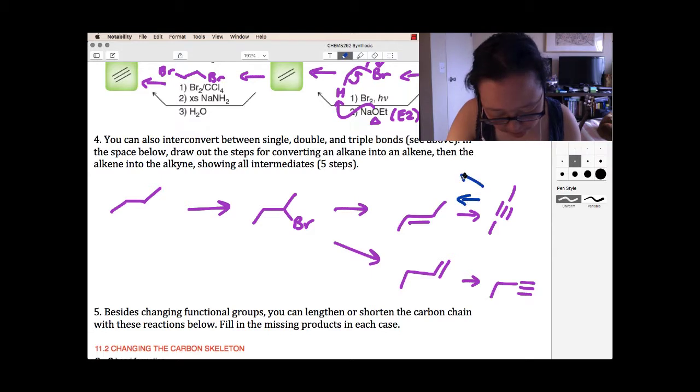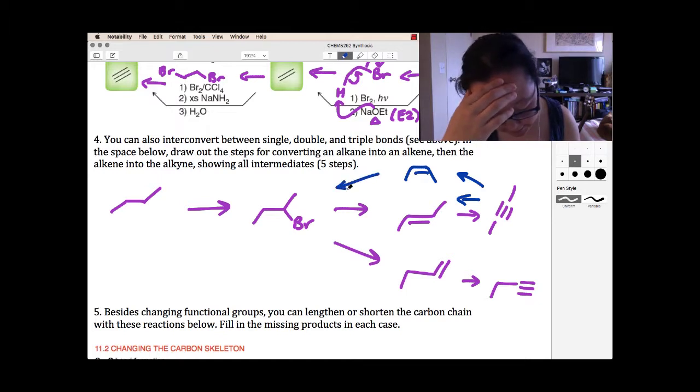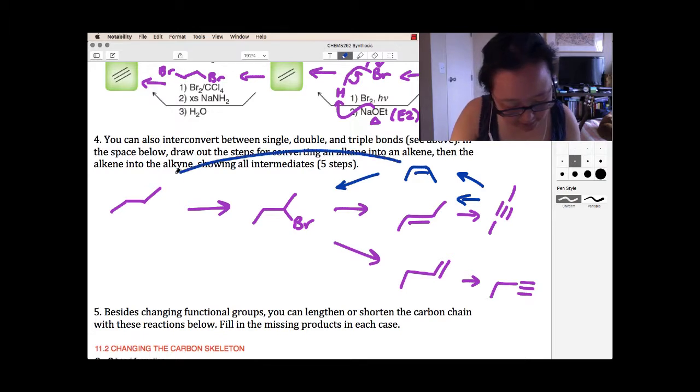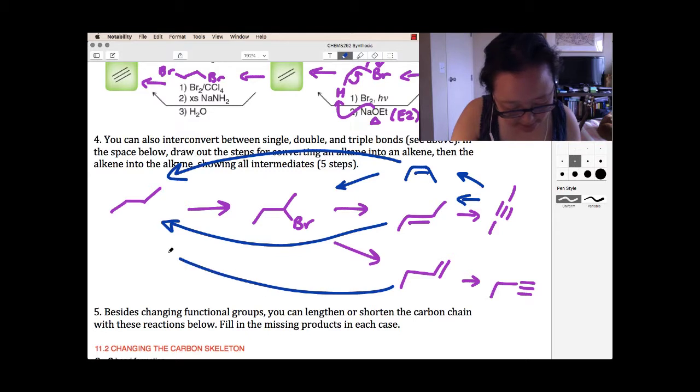And how would I go to the cis form? Because there's that option. You really want to try to think about these things. And then I don't think we learned how to go from here to here, but certainly we can go from here to here, or here to here, or here to here.